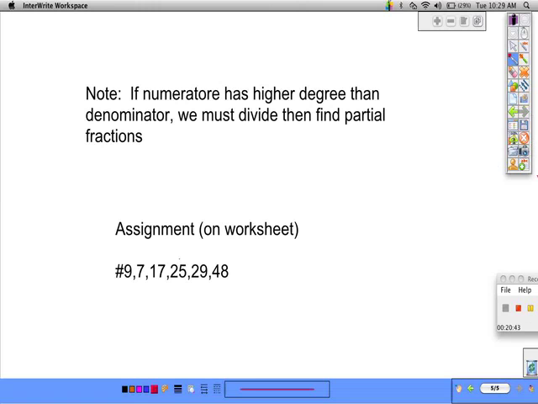So probably some polynomial plus a fraction where the numerator is less degree than the denominator, and then you can find your partial fractions. So your assignment is on the worksheet. It's section 8.6, I believe. You should have it in your packet, and these are the problems that I would like you to do.